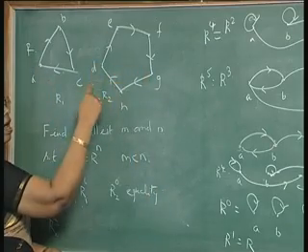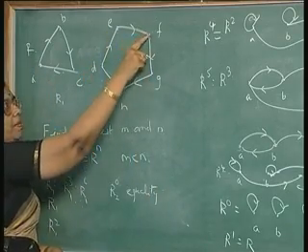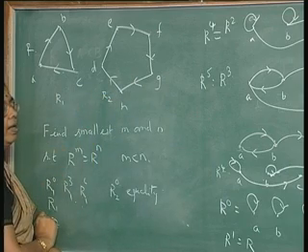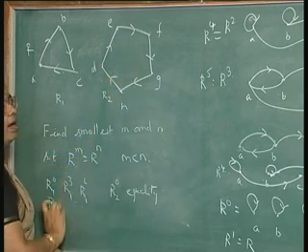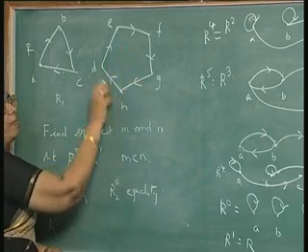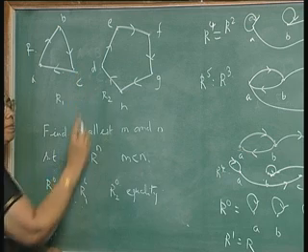R21 will be this, R22 will be every path of length 2 replaced by an arc, R23 every path of length 3 replaced by an arc, R24 every path of length 4, R25 every path of length 5 replaced by an arc.